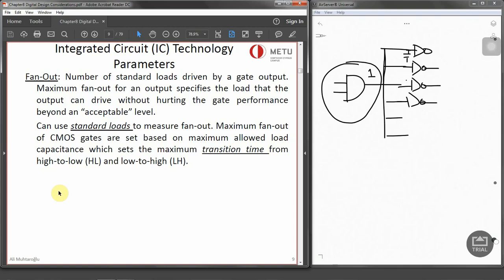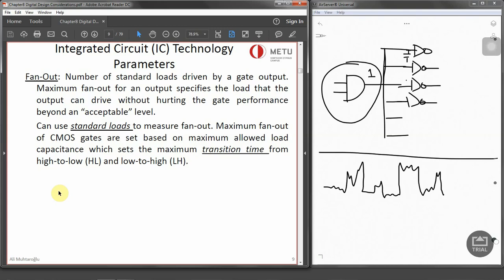Then we have another parameter in digital design consideration, which is known as noise margins. I don't know if you remember, but when we have something like this as logic levels, we might have some problems. So what are those spikes? This is actually noise.